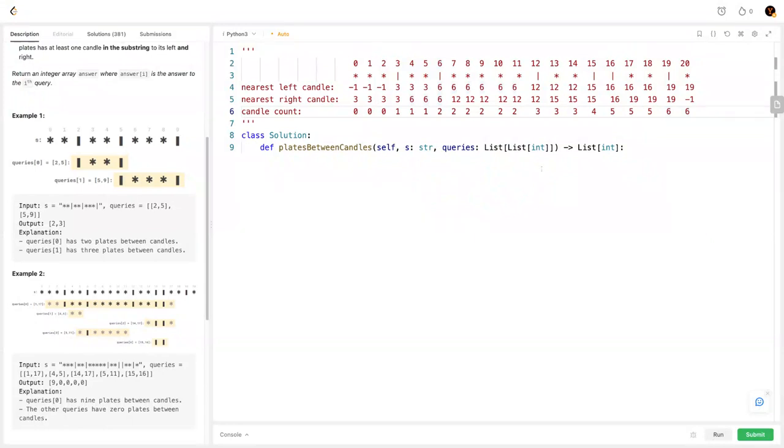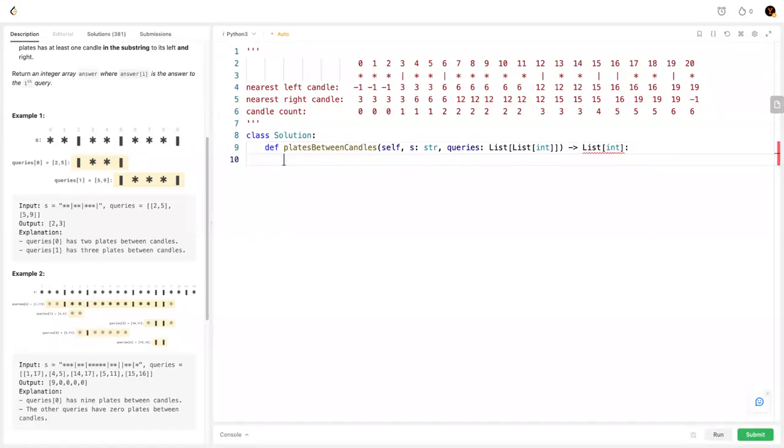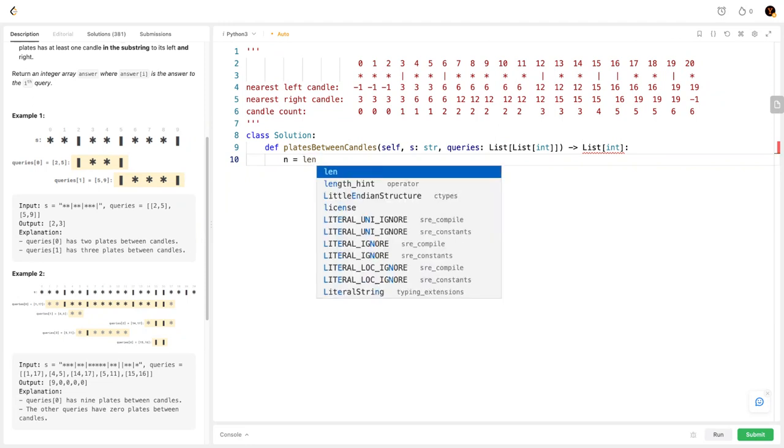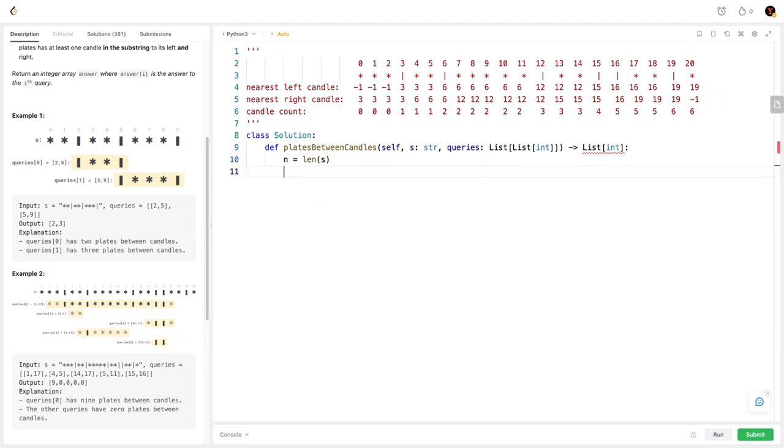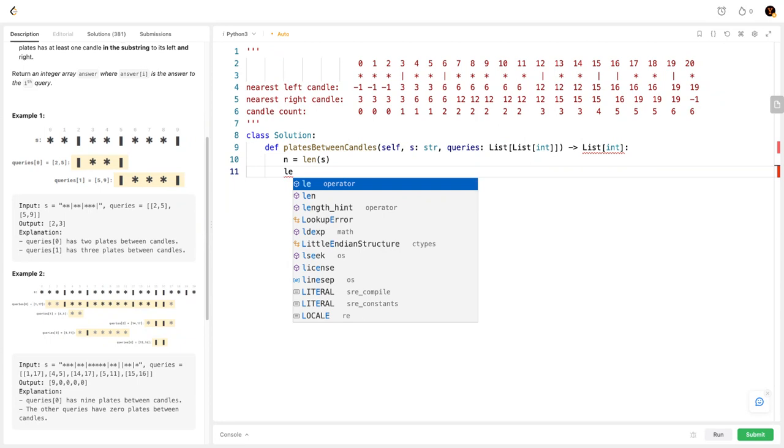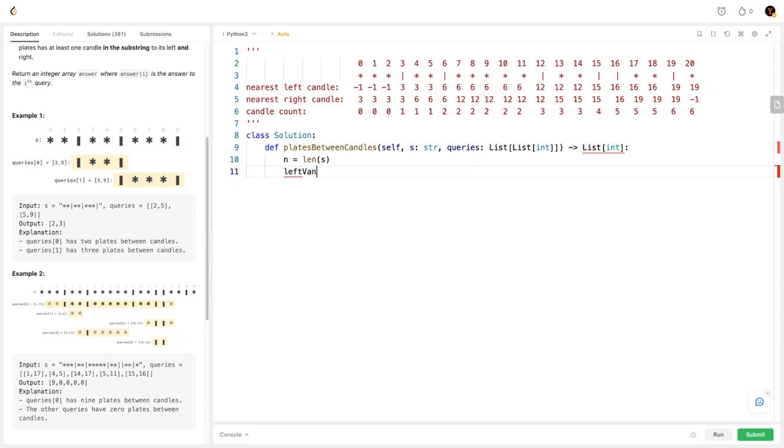So the first step is to build up the nearest left candles array, nearest right candles array, and the total candle count. So let's do that. n is equal to the length of the string. And we can initialize the left candles variable holding this array with all values of -1.